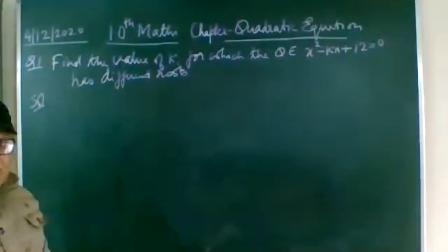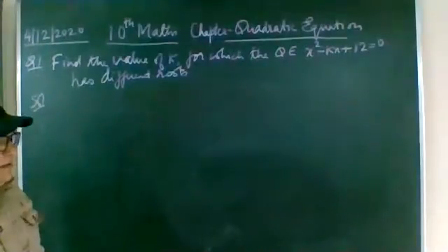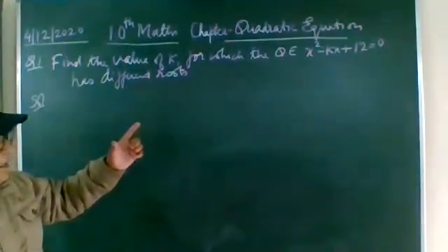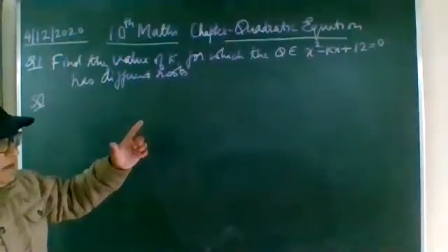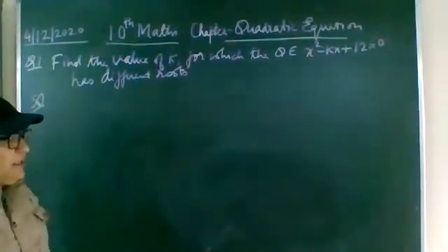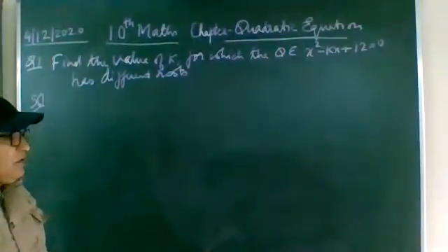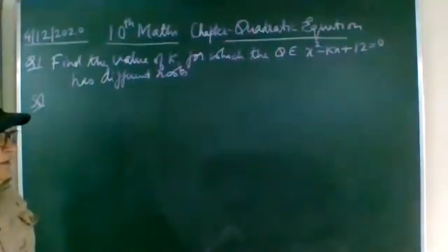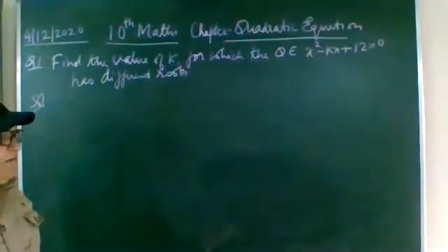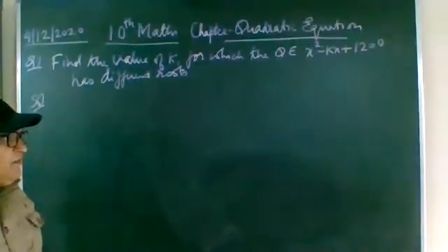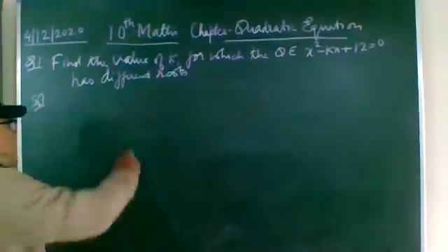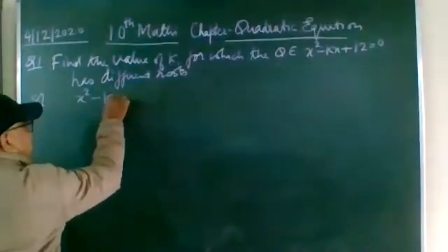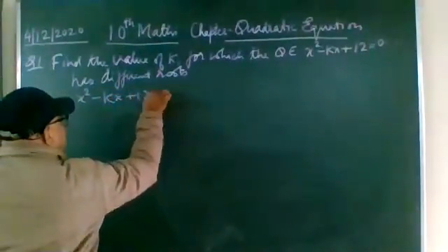In the exam you will find that the x square term is there, the x term is not written in the standard form, or the constant term may be in between. So you have to arrange the given quadratic equation and find the values of a, b and c. So you will say x square minus kx plus 12 equal to 0.